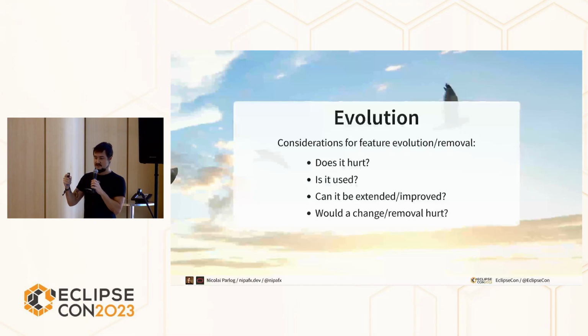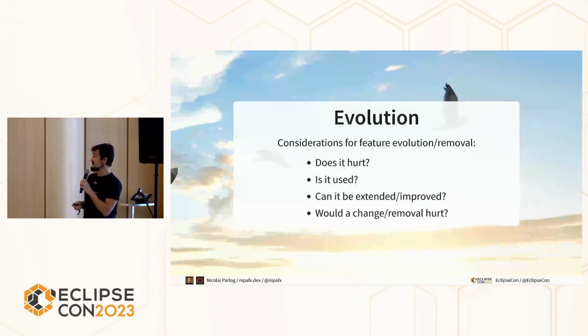If a feature starts to hurt the users because it's, for example, cumbersome to use, or more often than not, it's actually dangerous to use. It's hard to get right. It's easy to start using and hard to use correctly. That's one way it can hurt. Maybe it just hurts during the development. Maybe the feature is not very widely adopted, but it causes a lot of work within OpenJDK and needs to be constantly touched and retouched on every new feature.